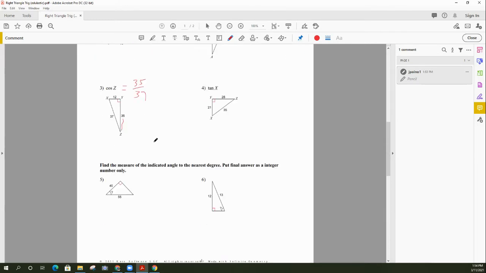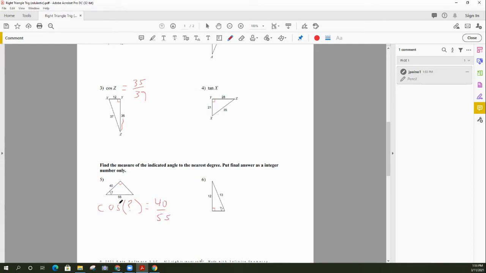On the next few questions, it's what is the missing angle? They give us two sides and a missing angle. We can figure out that missing angle using the trig ratios. So we want to find this question mark right here. We have with it the adjacent and the hypotenuse. Adjacent and hypotenuse is cosine. So I want cosine of this question mark to equal adjacent over hypotenuse.